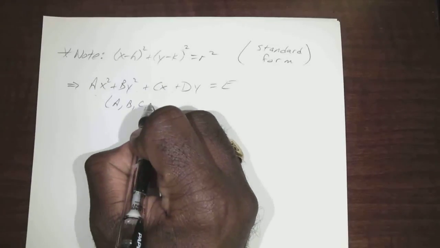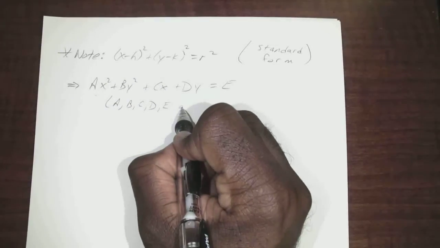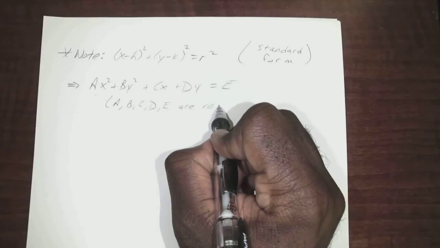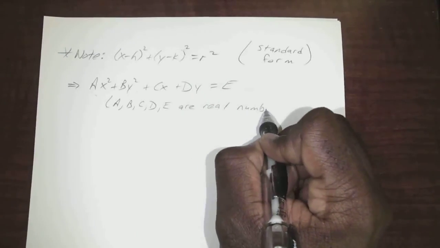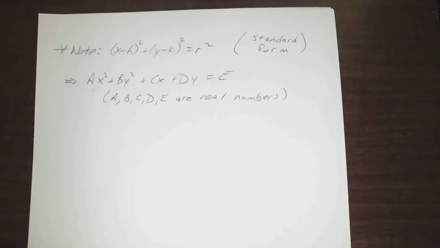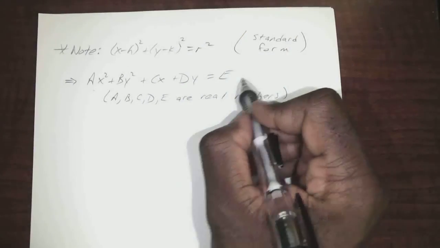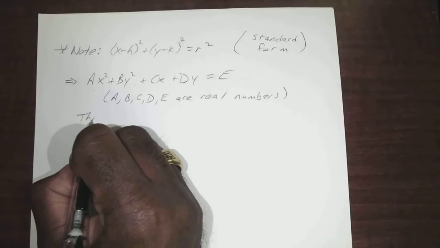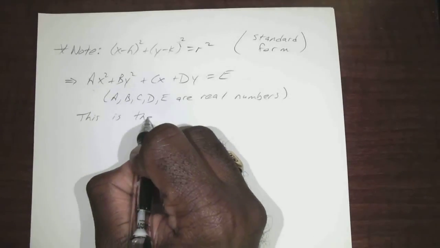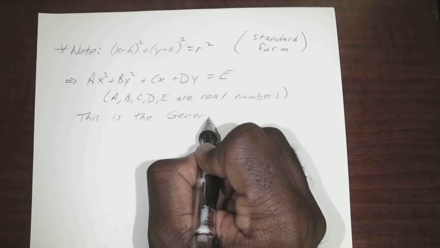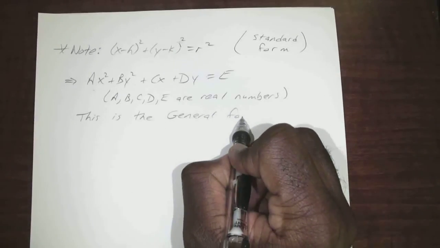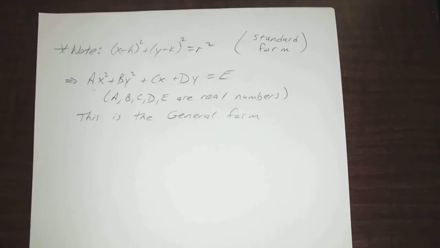So a, b, c, d, and e are real numbers. This is what they call the general form. Okay, so now we're going to convert from the general form to the standard form.